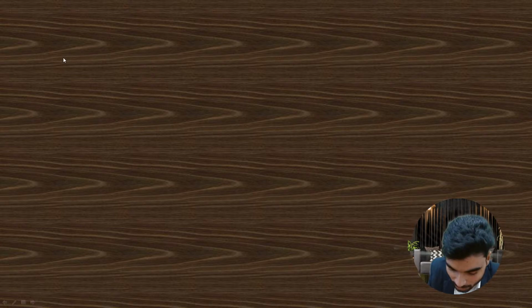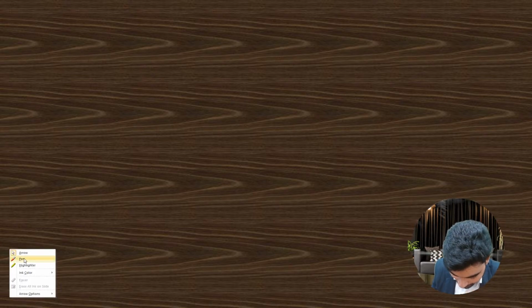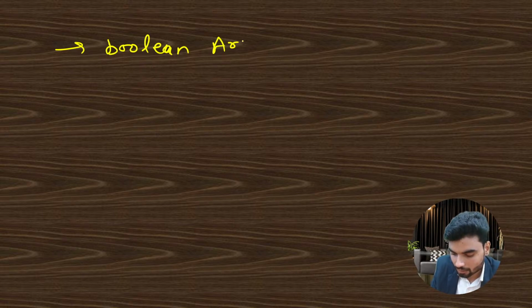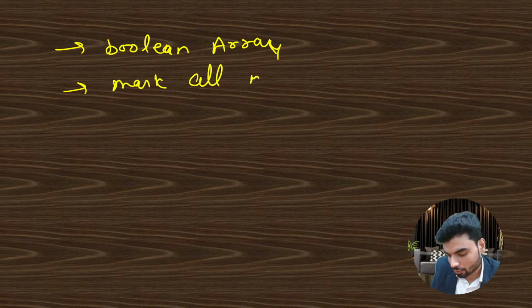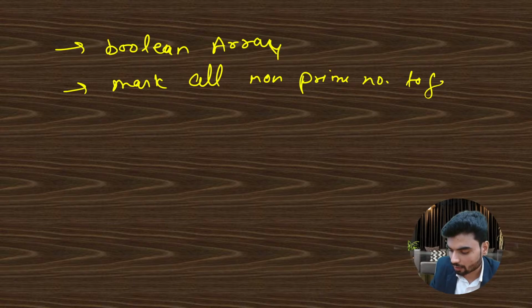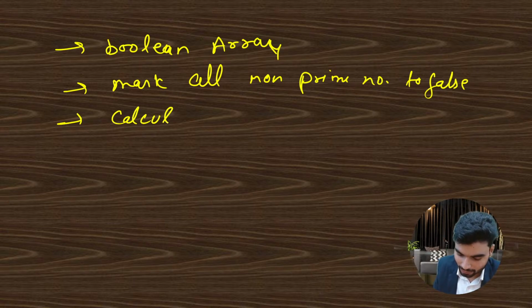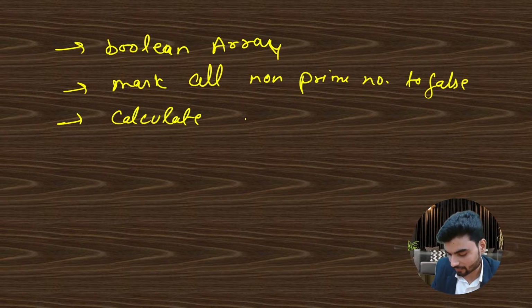Makes sense to you? Simple understanding: we make a Boolean array, then mark all non-prime numbers to false, and then calculate prime numbers, because all the true numbers in the array are prime numbers.